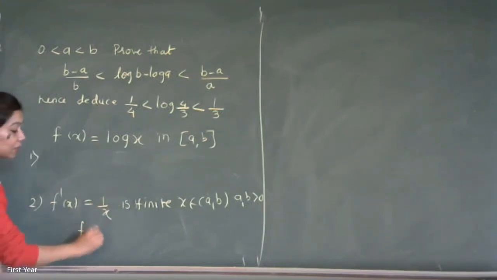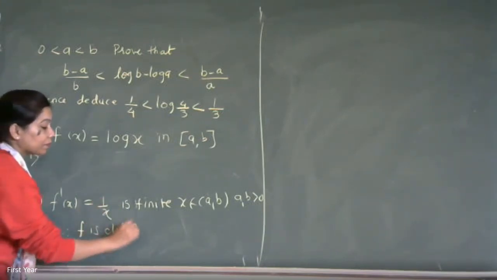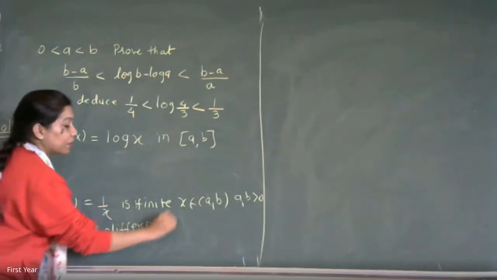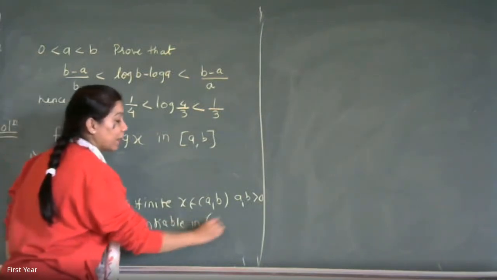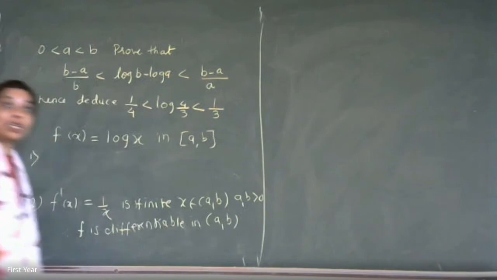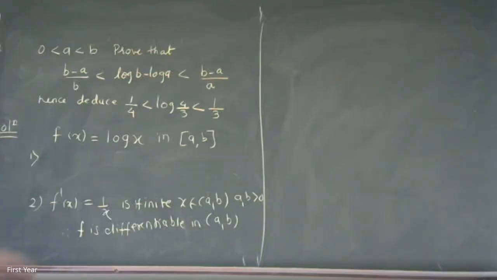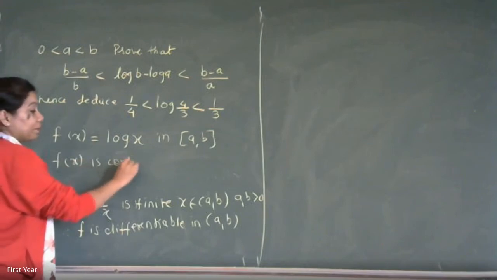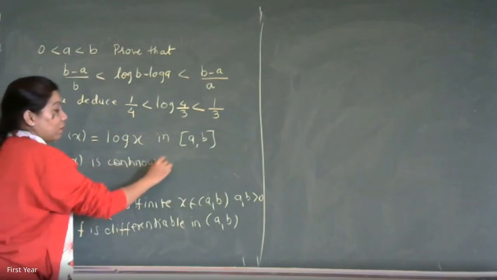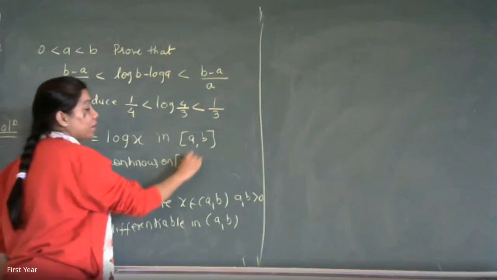Therefore, f is differentiable in the open interval (a, b). Any doubt in this? So now the first condition: every differentiable function is continuous. So f of x is continuous on the closed interval [a, b].